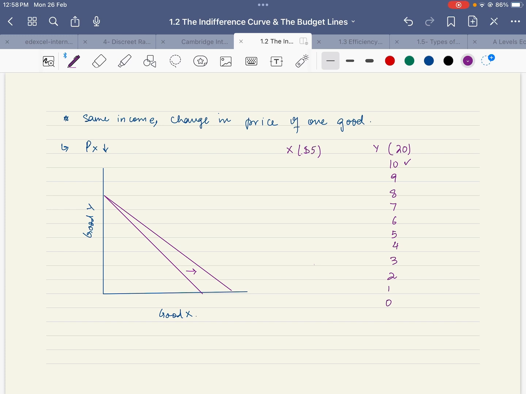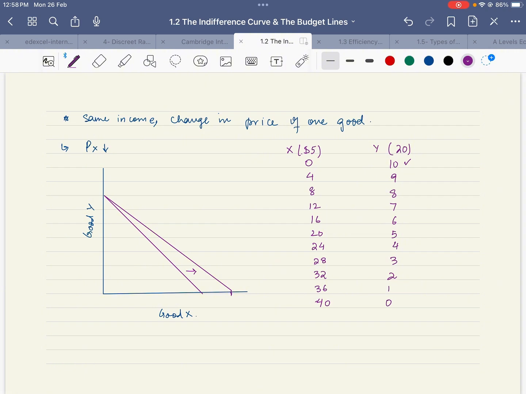Here we have 0, then 4, 8, 12, 16, 20, 24, 28, 32, 36 and 40. 40 multiplied by 5 is 200.